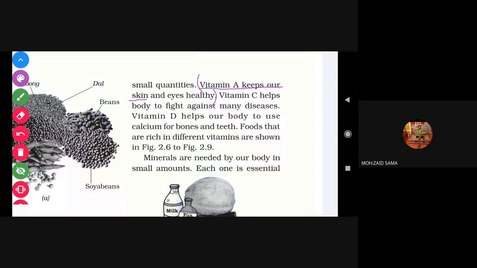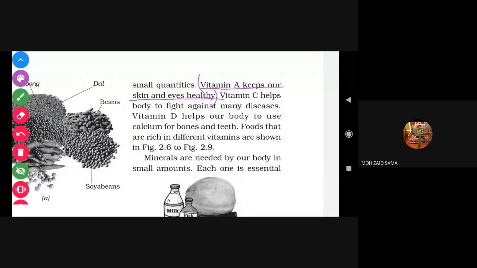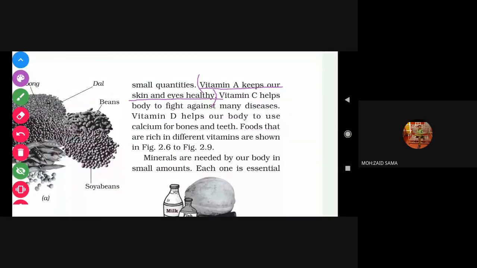Vitamin A keeps our skin and eyes healthy. Then write vitamin C helps our body fight against diseases.